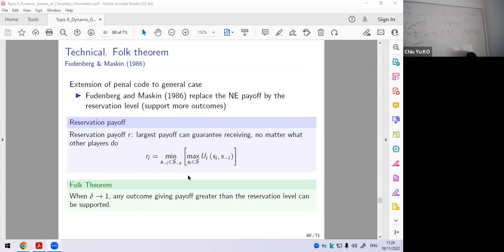Okay. And can you read this one? So this is saying that, whatever strategy the other people choose, even if the other guys are crazy, you try to make sure that you have the minimum payoff, and you try to defend against them by choosing the maximum level.